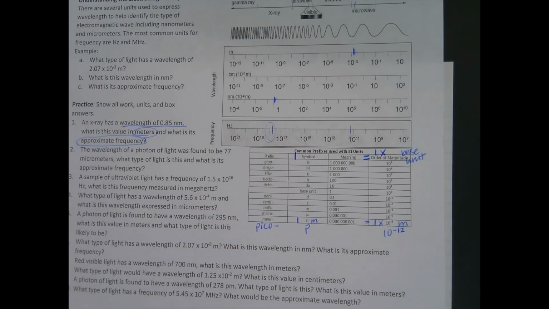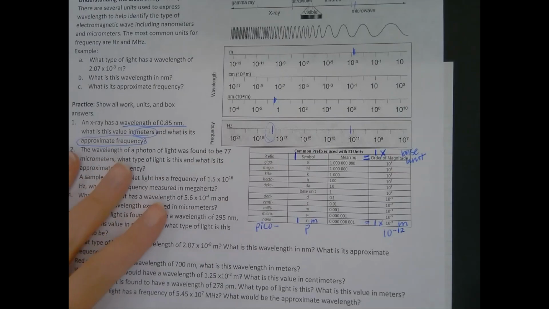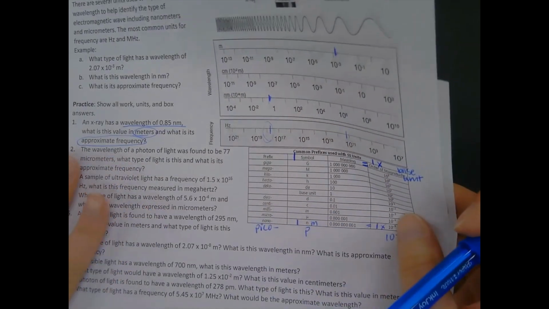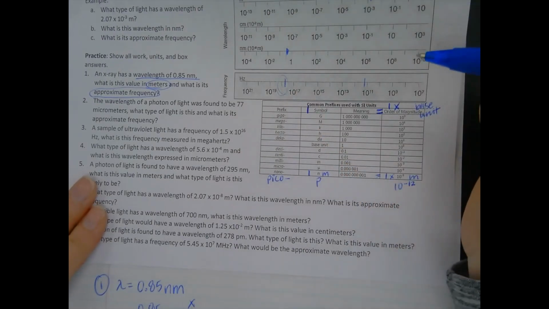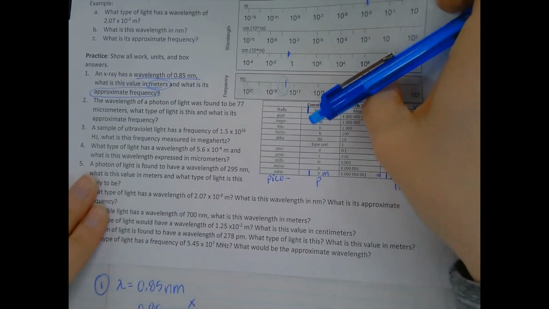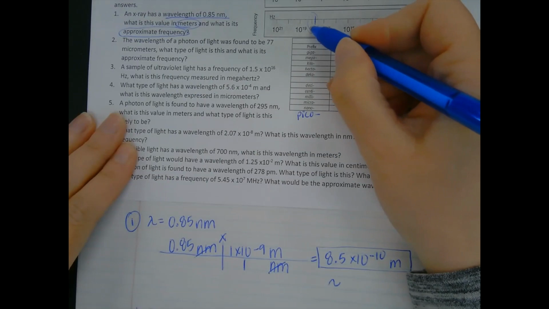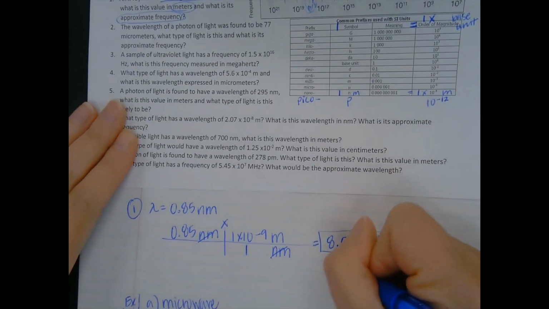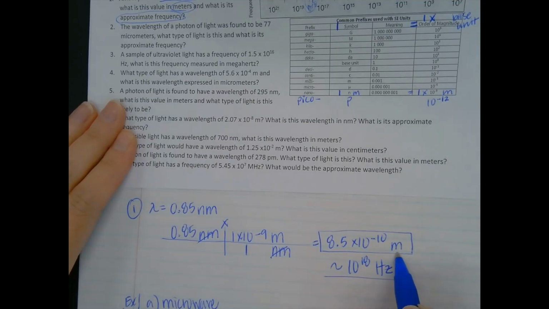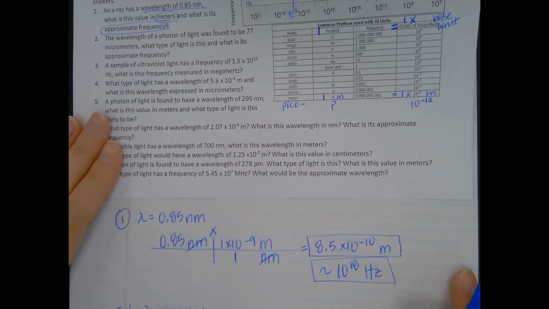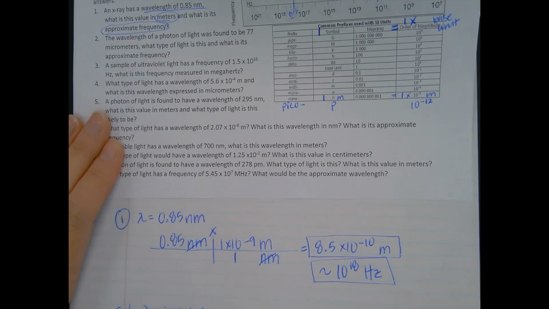You will not have an exact answer, and it's okay that it's an approximation. Okay, so we're just going over here just a little bit. I'm going to say this is closer to 10 to the 18th. So I'm going to say 10 to the 18th hertz is my approximate frequency. And again, it's an approximation.